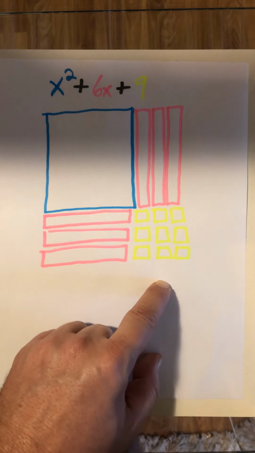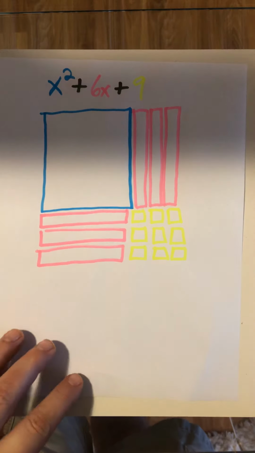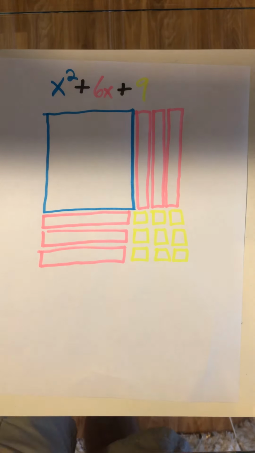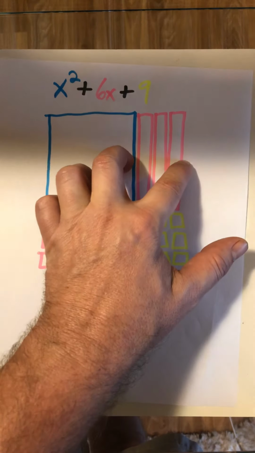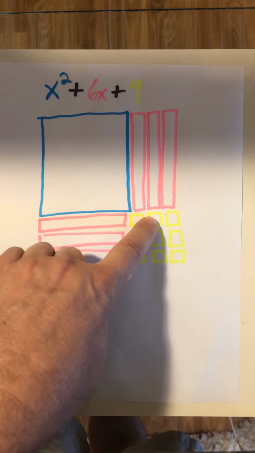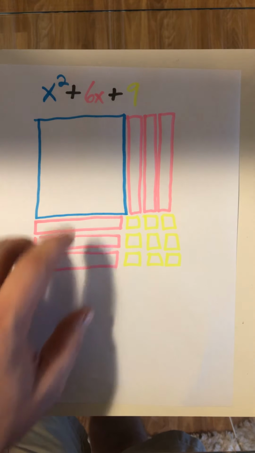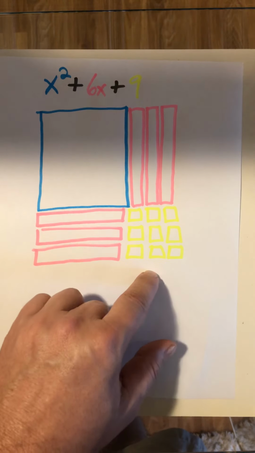So let's stop and think how we got this number 9 for a second. Remember a second ago, we took the 6, we divided it in half. So we were left with 3 up here, 3 down here, and then we did 3 times 3, which is 3 squared. So we took the 6, divided it in half, and then we squared it.